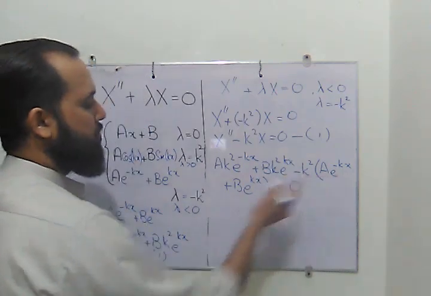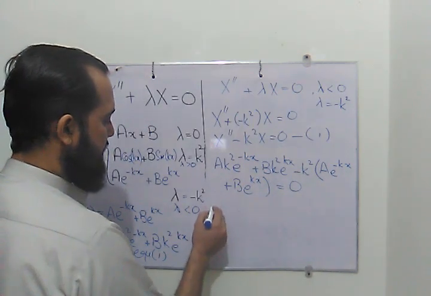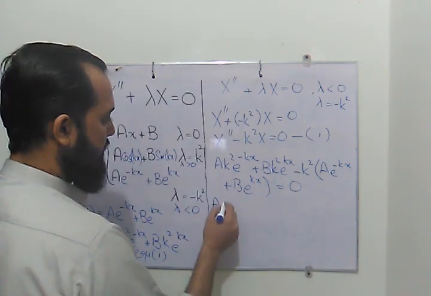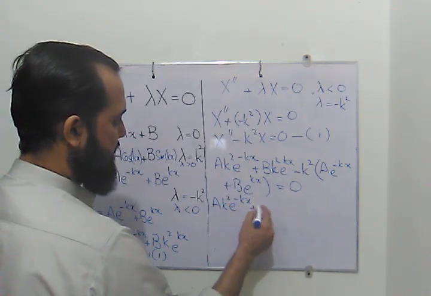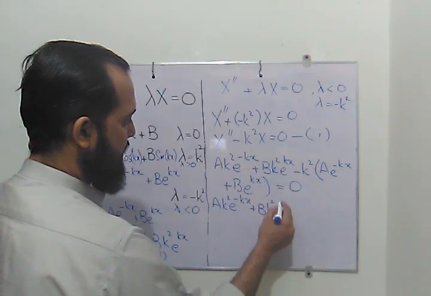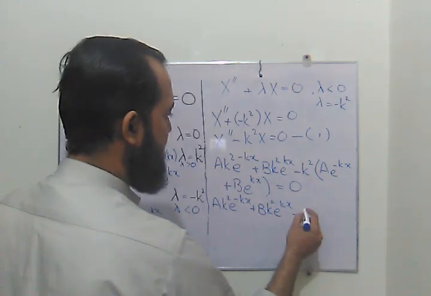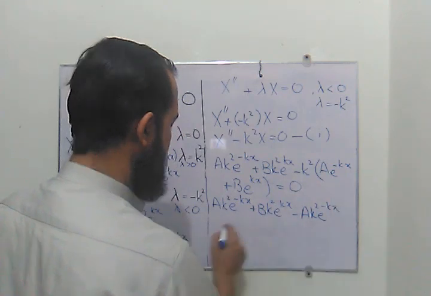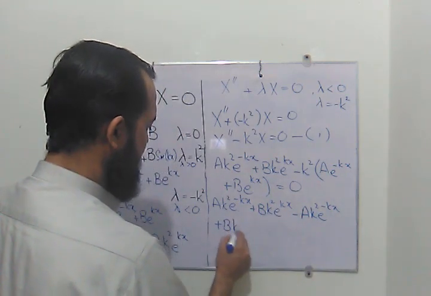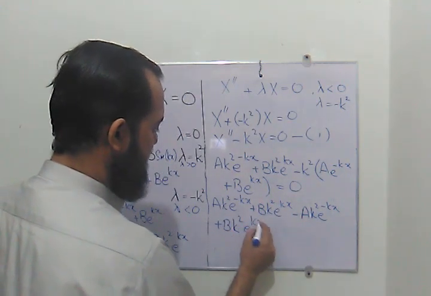Open the bracket, multiply k square inside, we will get a k square exponential minus kx plus b k square exponential kx minus a k square exponential minus kx minus b k square exponential kx is equal to 0.